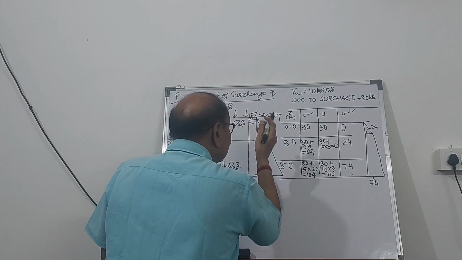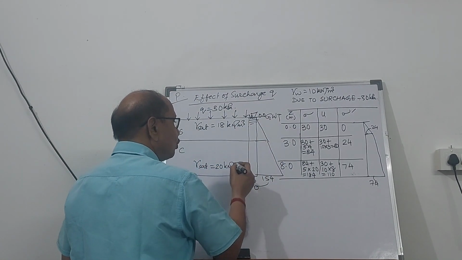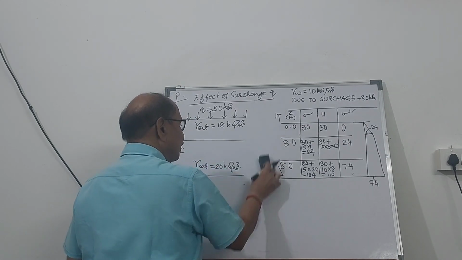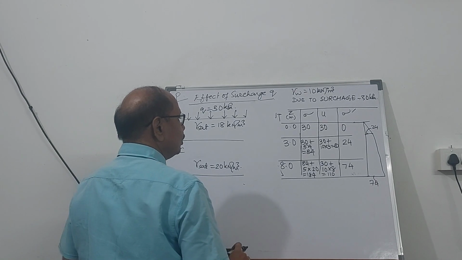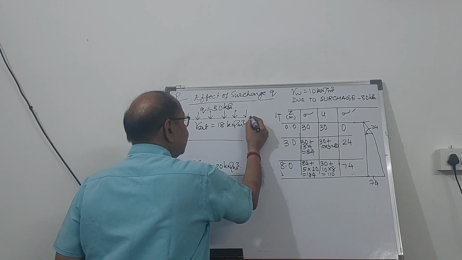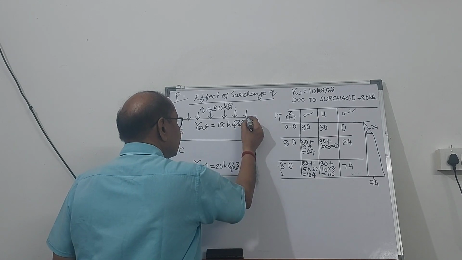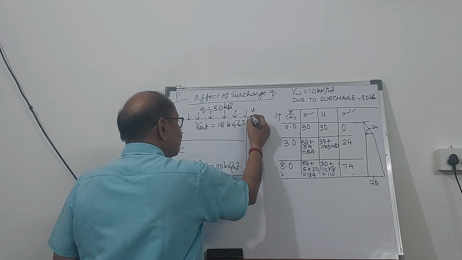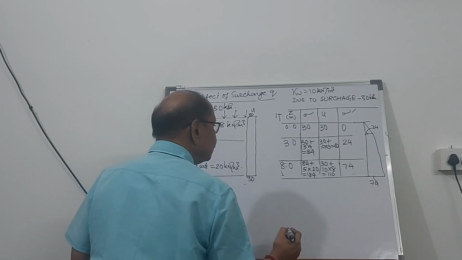Also, the pore water pressure, you can show here. At Z equal to 0, pore water pressure U is 30 kilopascal at the top.